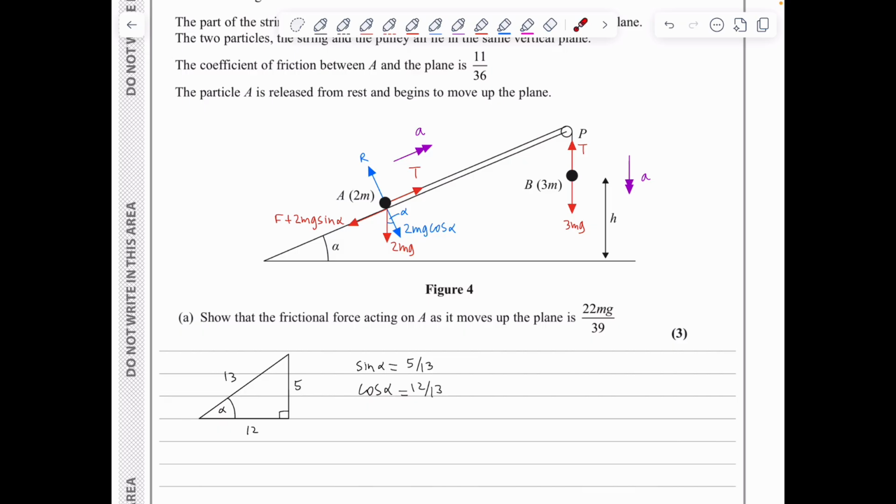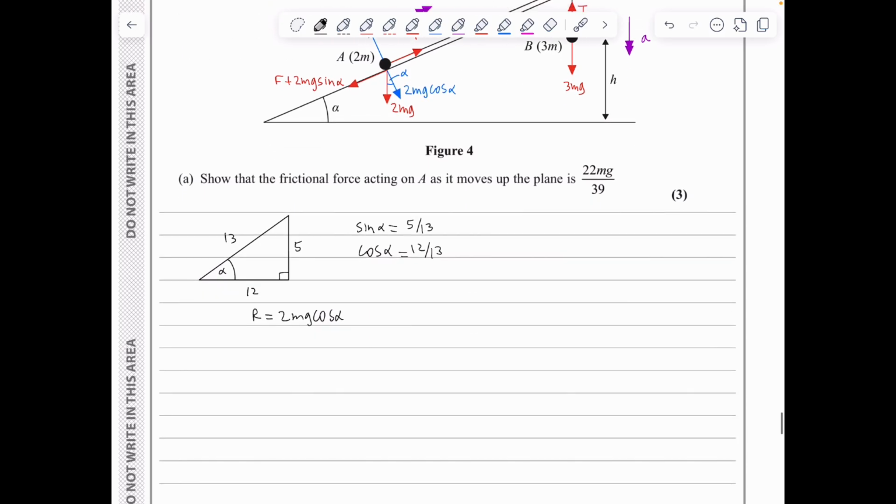And considering the forces acting perpendicular to the plane, we've got that R is equal to 2mg cos alpha, and using the fact that cos alpha is 12/13, we're looking at R is 2mg times 12/13, and therefore R is 24mg/13.